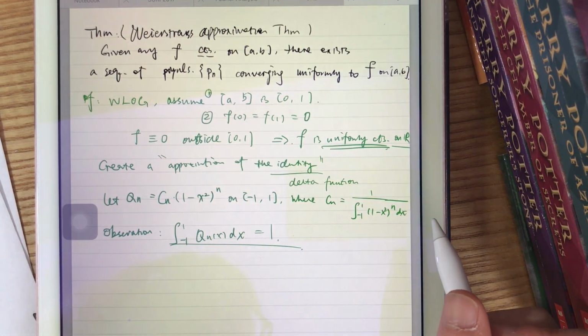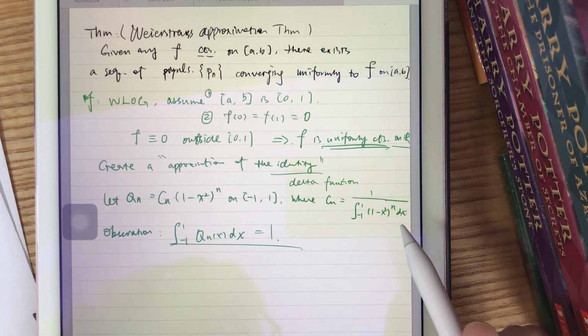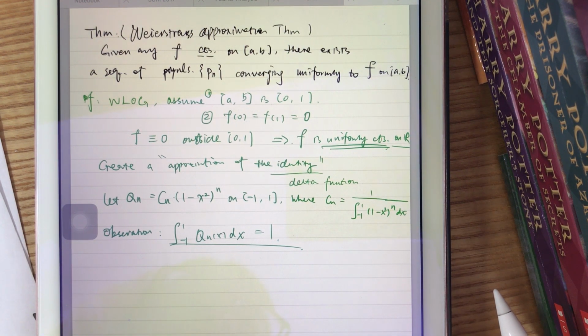Because Cn is just a value, a number, right? It's a value, because you are taking the integral of it from minus 1 to 1, right?